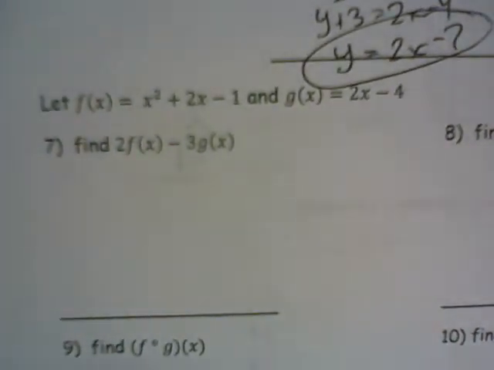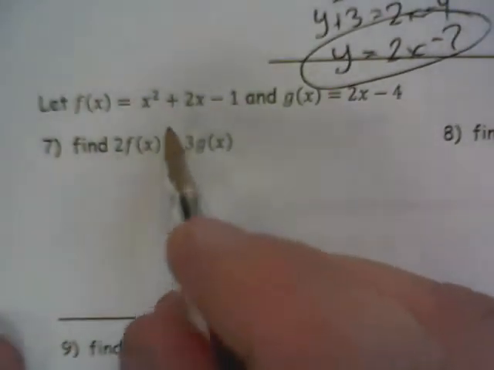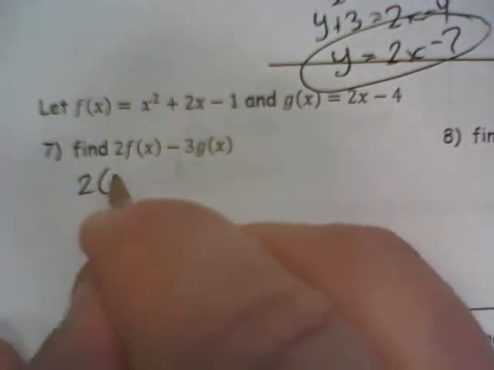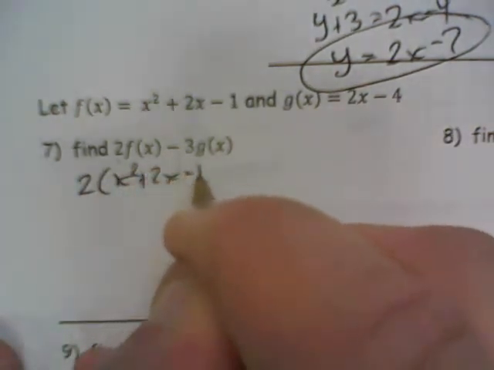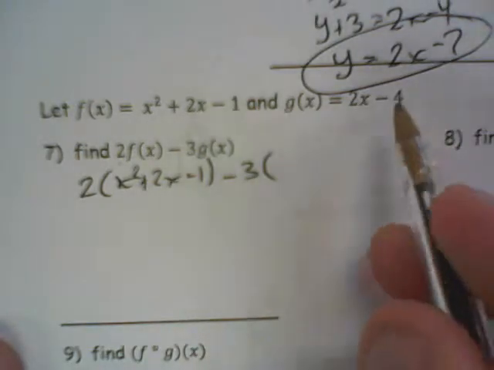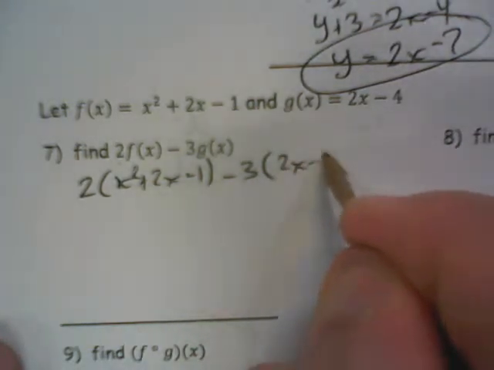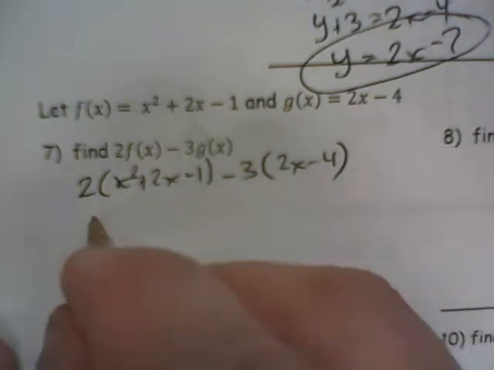Take a look here at number 7. I'm going to take 2 times the f of x function. So it's going to be 2 times x squared plus 2x minus 1. Then minus 3 times the g of x function, which is 2x minus 4.